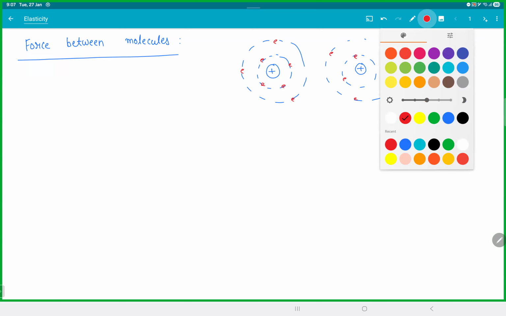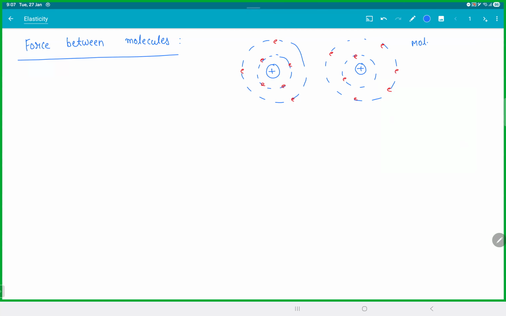Because of this, let's call this molecule 2 and this molecule 1. The nucleus of molecule 1 attracts electrons of molecule 2, and vice versa.